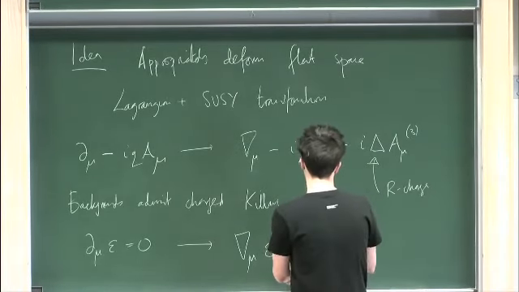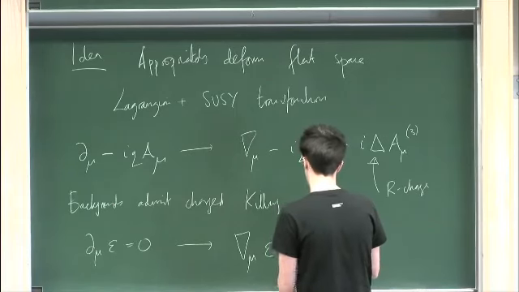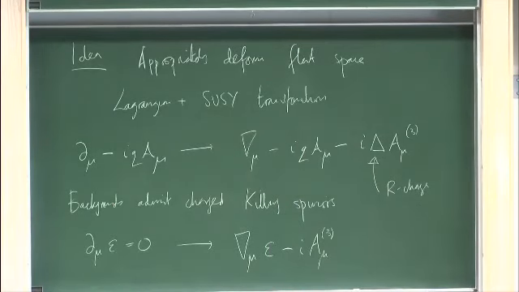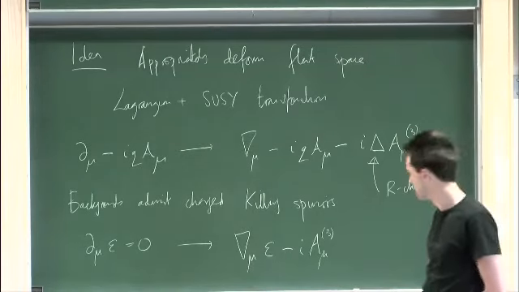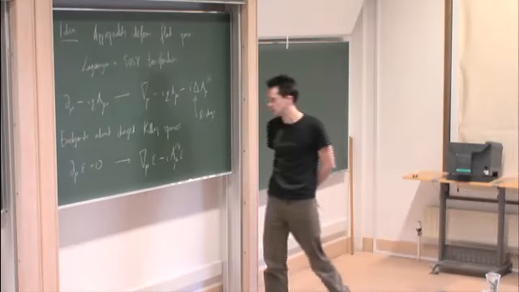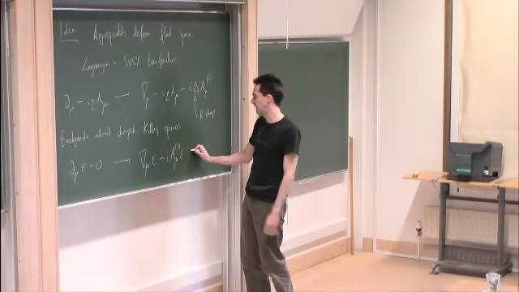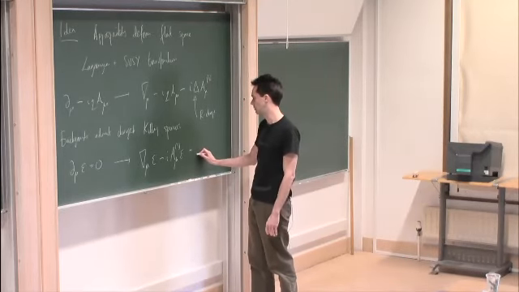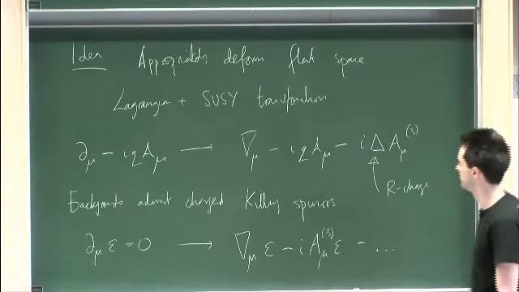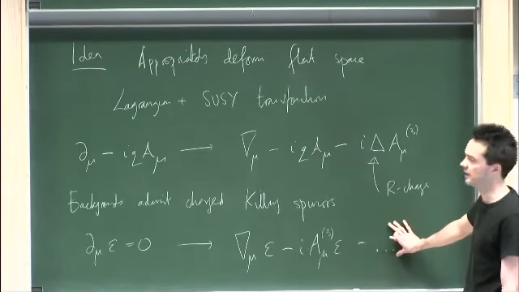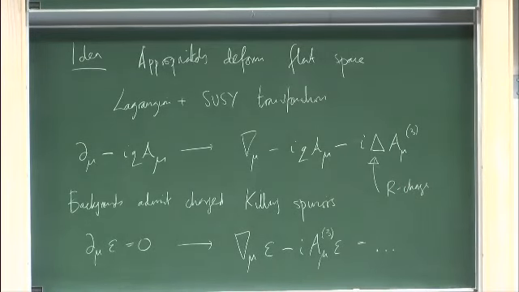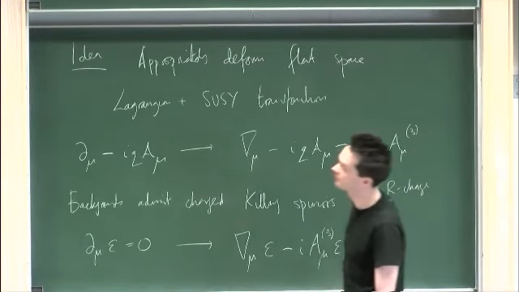It's charged under this R symmetry gauge field with charge 1, so you'd normally call that a spin-C spinor. It's charged under a gauge field, and then that's equal to something or other. I'll just write dot dot dot. In the different cases, what appears on the right-hand side is slightly different in the three cases. You get an equation something like this.